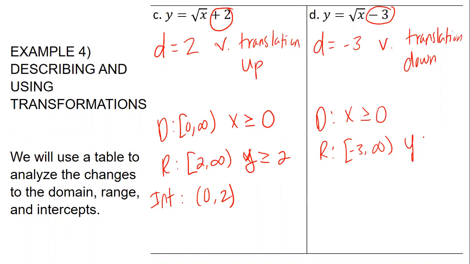And our y is greater than or equal to negative 3, and our intercepts are at (0, -3) and (9, 0). And that's what you are hopefully being able to do: describe the transformations and analyze the graphs. How do we feel so far?